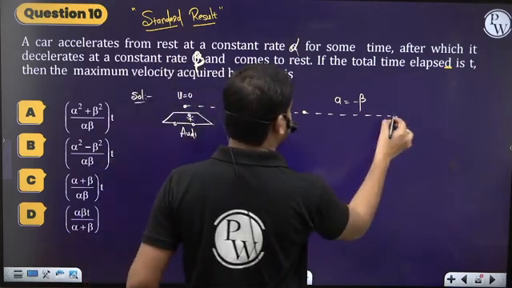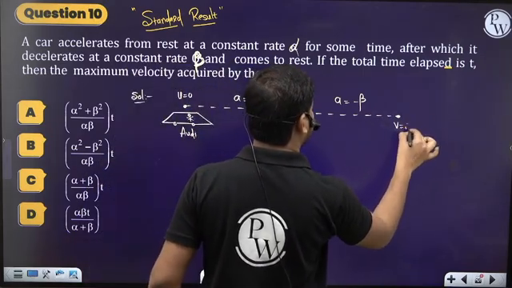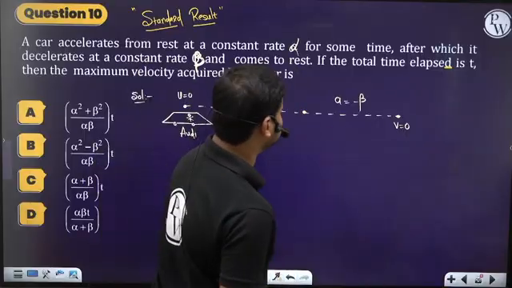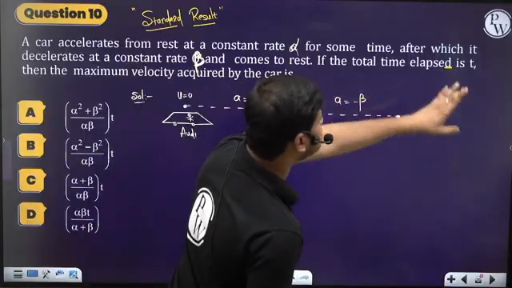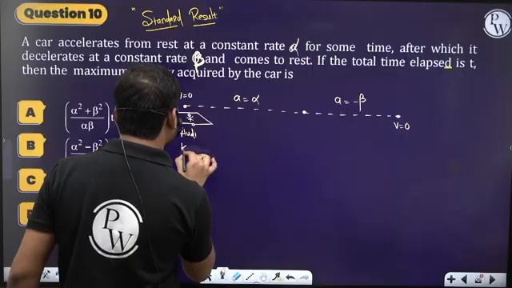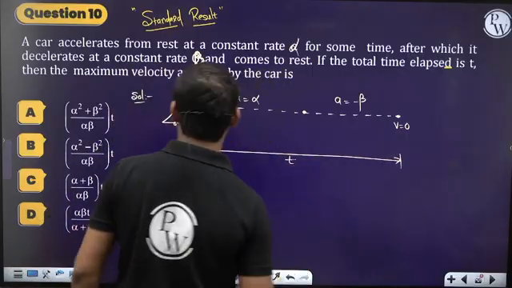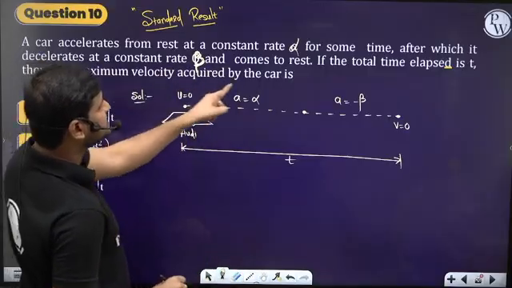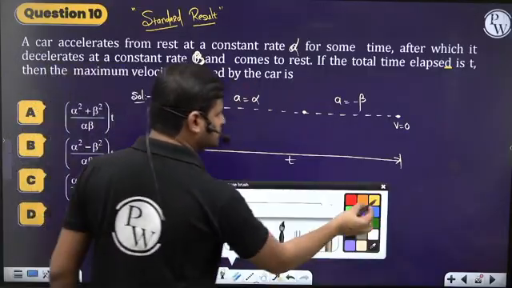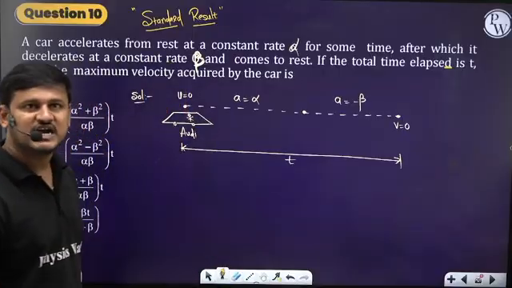Then it comes to rest, its final velocity becoming 0. Initial velocity 0, final velocity 0. So if the total time elapsed is t, from here to here, then they are asking us to find the maximum velocity acquired by the car.